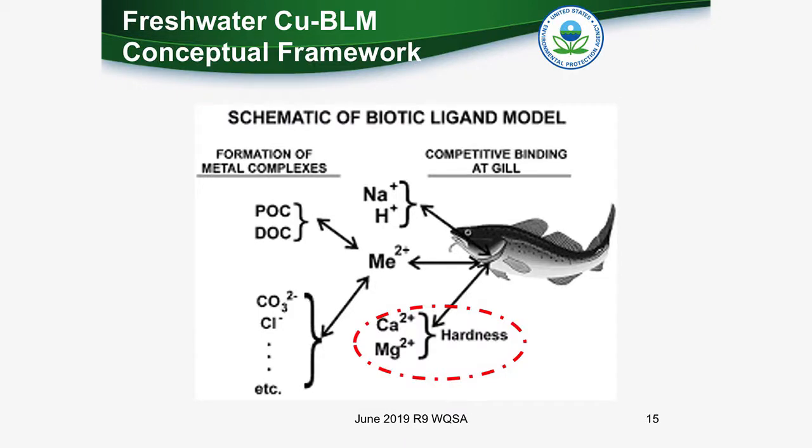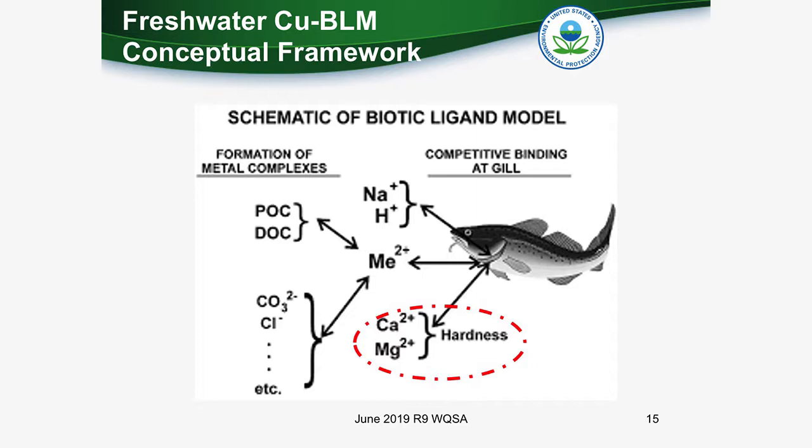So this is what the biotic ligand model really is. We have a fish. We have a metal, that's the Me2+. We have particulate organic carbon and dissolved organic carbon. And we have a bunch of these anions and cations. And we have pH up at the top.